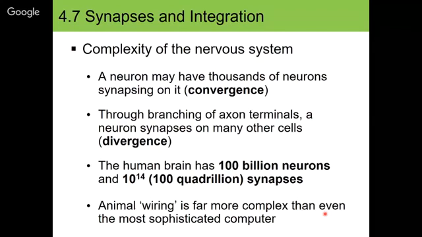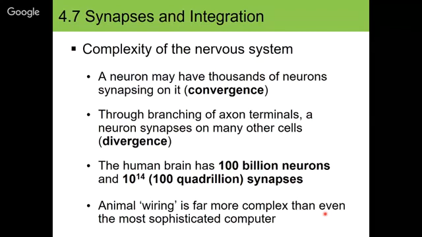So this is divergence, right? So convergence can happen. A neuron can both receive thousands of signals via convergence, and it can give off thousands of signals via divergence. So if all these synapses are receiving and giving all these thousands of signals in just one sort of connection, you can imagine the complexity of all the different connections in animal bodies.